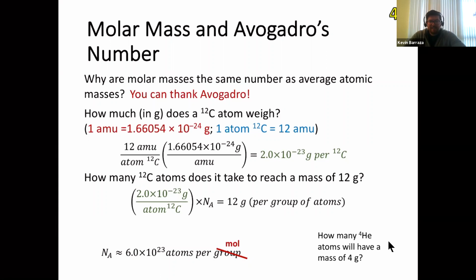You might guess this will work for every element. How many helium-4 atoms will have a mass of 4 grams? By the same logic, first, how much does a single helium atom weigh in grams? And then how many helium atoms will I need to reach 4 grams?